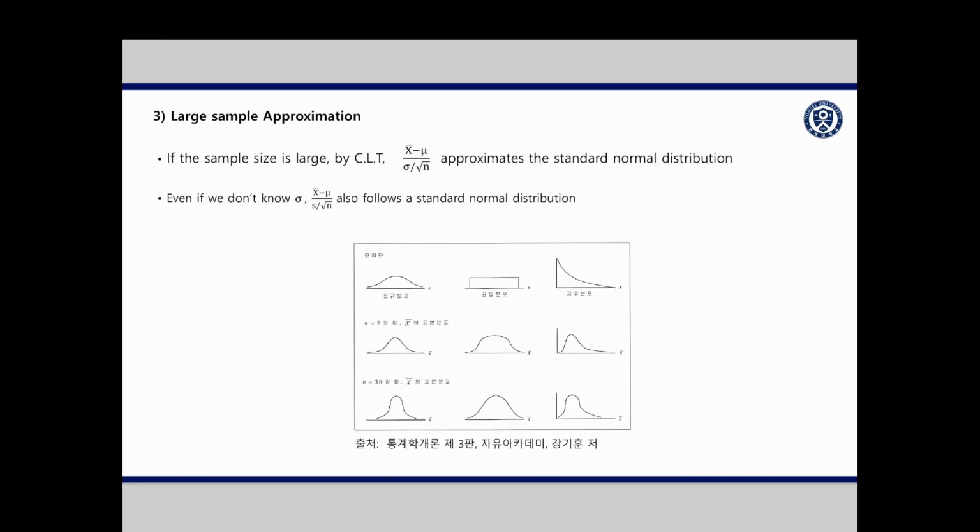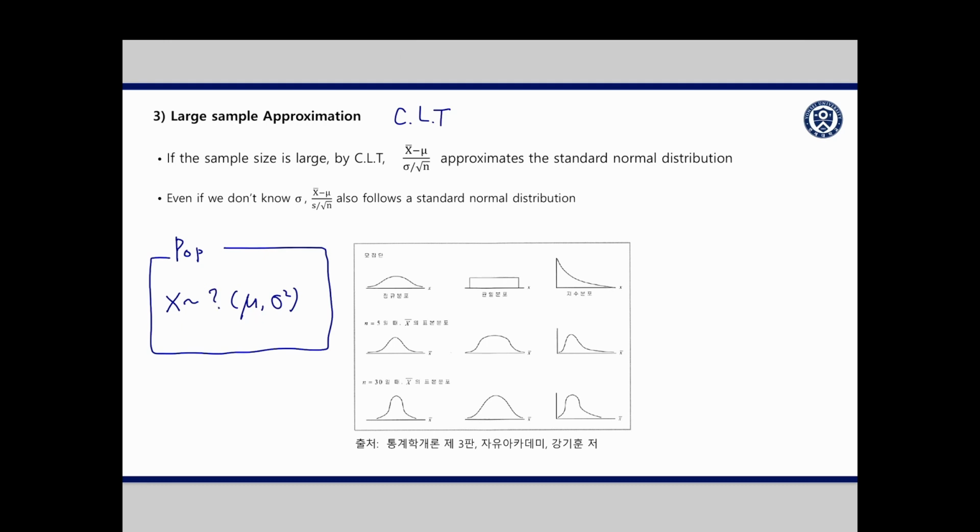Let's review the central limit theorem, CLT. There is a population, and X follows the population, which has a mean mu and variance parameter sigma squared. The key point here is that we don't know the distribution of the population.